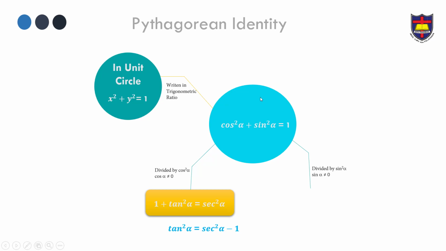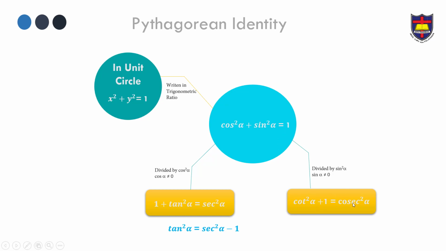Next, let's divide cos square alpha plus sine square alpha equals 1 by sine square alpha. The same here, sine alpha must not equal 0 because it would be dividing by an undefined value. Cos square alpha divided by sine square alpha becomes cotangent square alpha. Sine square alpha divided by sine square alpha equals 1.